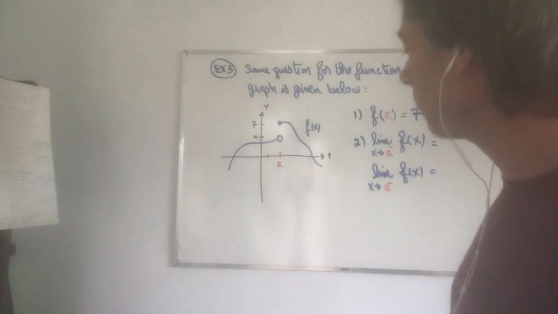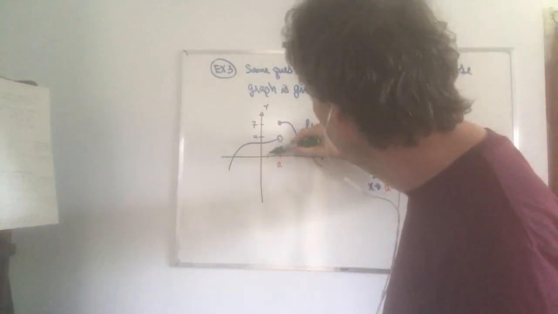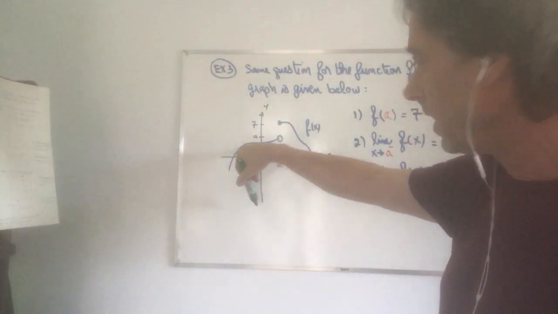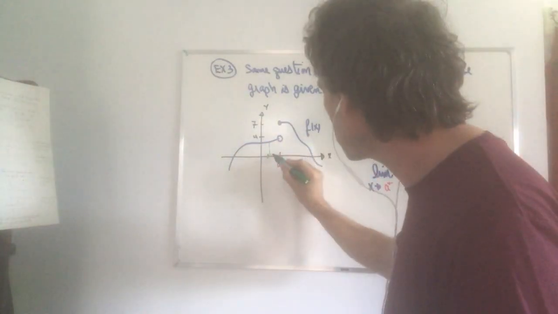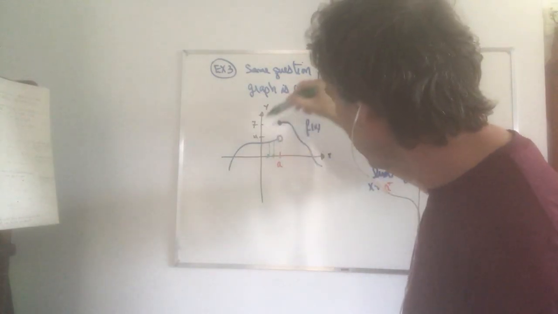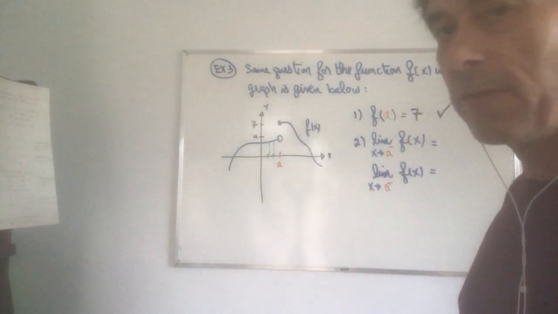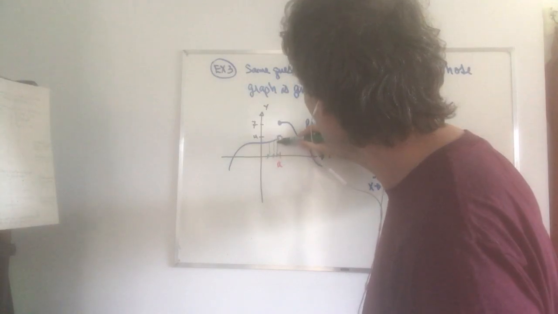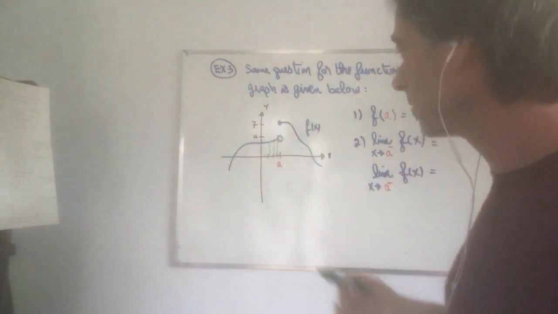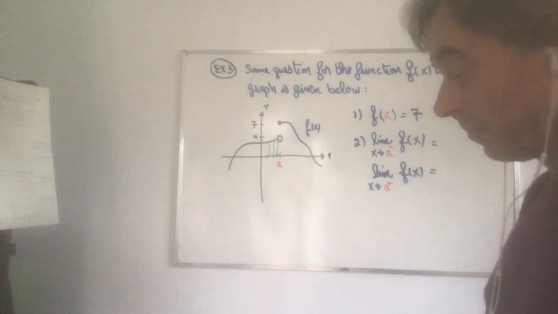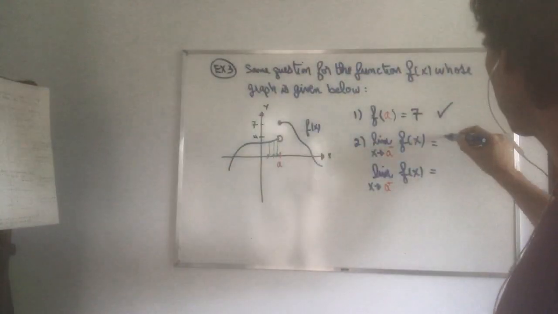I am here on the left of a, relatively close. Where is the graph? About at that height, maybe 3.2. Getting closer. Where's the graph? That y value is about here, maybe 3.5, 3.6. Getting closer and closer. It won't get there. It's an open hole. We don't care. We want to know what are you getting close to? We're going to be getting close to the value of 4.